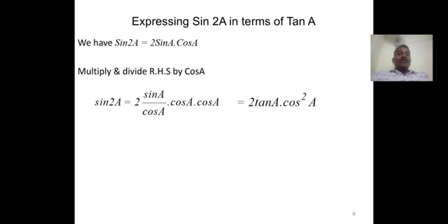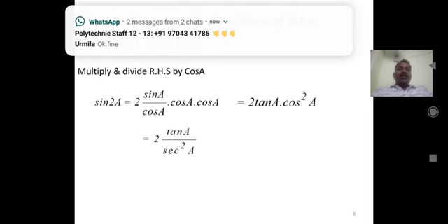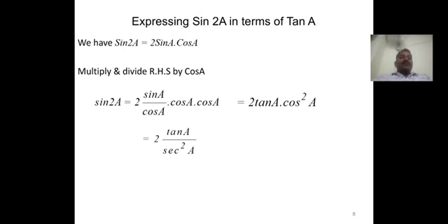So sine 2A is 2 times sine A by cos A into cos A into cos A, that is 2 tan A into cos square A. Cos square A we can write as 1 by secant square A. So 2 tan A by secant square A. Secant square A we can write as 1 plus tan square A. So sine 2A in terms of tan is 2 tan A by 1 plus tan square A.